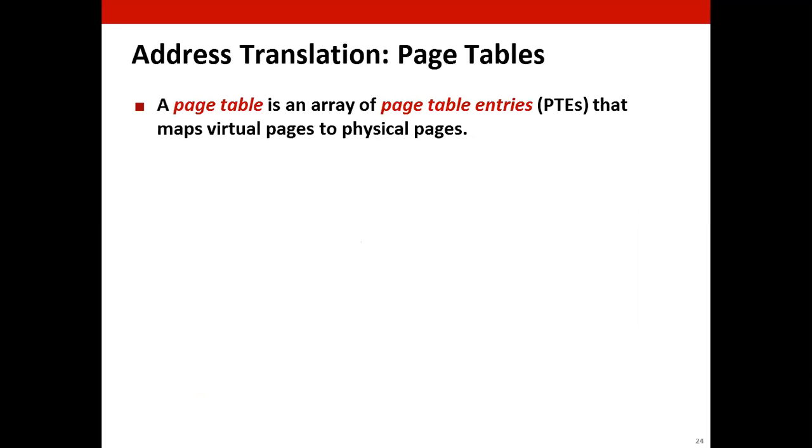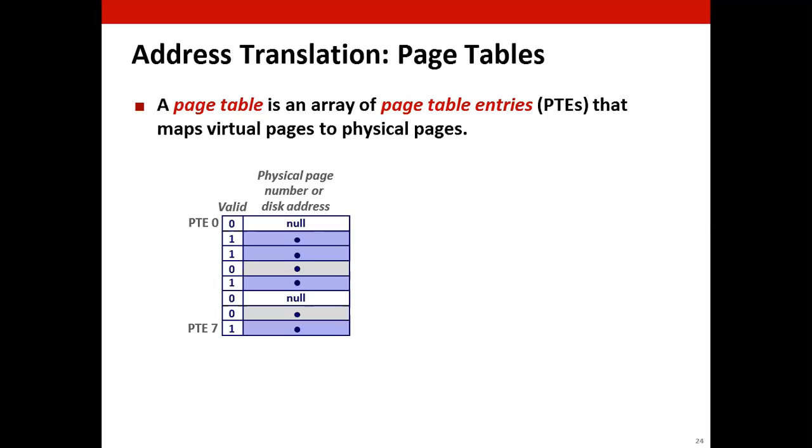Let us get introduced to a new terminology, the construct known as the page tables. This is the way we are going to implement the mapping function. A page table consists of an array of page table entries that do this mapping for us, which is a translation from virtual to physical address.